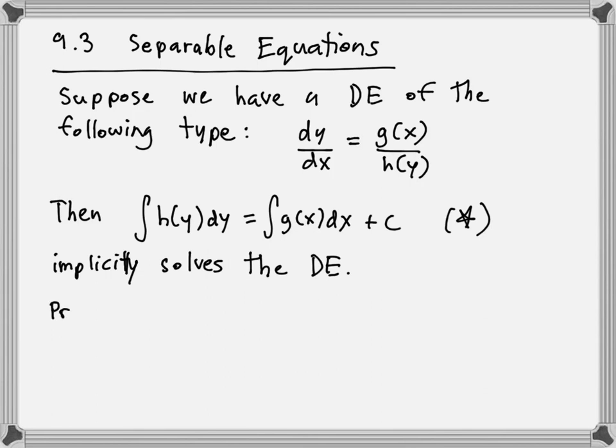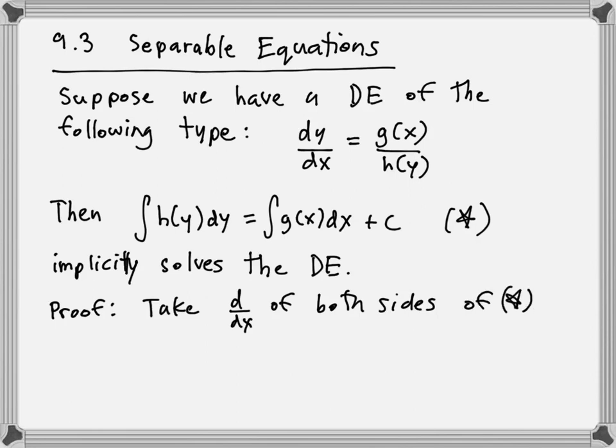So what is the proof of this? Well, all we have to do is take the derivative of both sides of star. If you take the derivative of the left side, you get the derivative of h, the integral of h of y dy is h of y times dy dx.